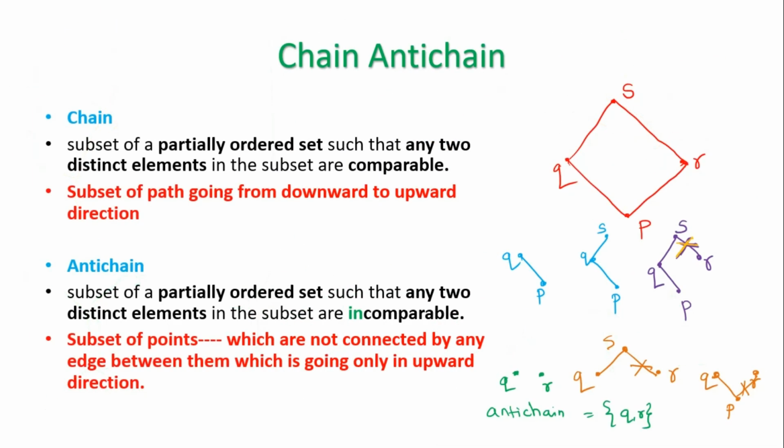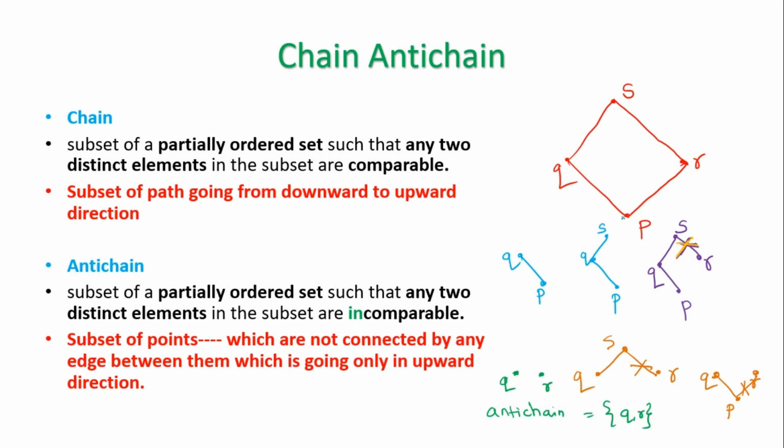Next topic is chain and anti-chain. A chain is a partially ordered set, a subset, in which any two elements are distinct elements and are comparable. That is called a chain. And an anti-chain is a subset in which any two elements are not comparable, or are incomparable. Such a subset is called an anti-chain.